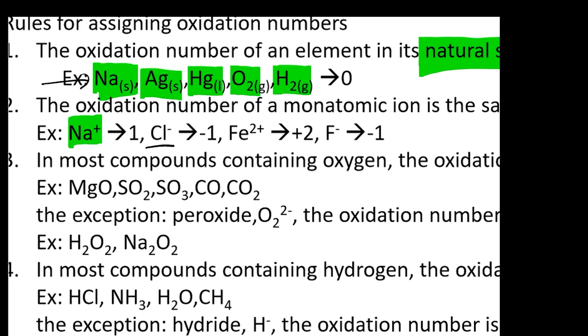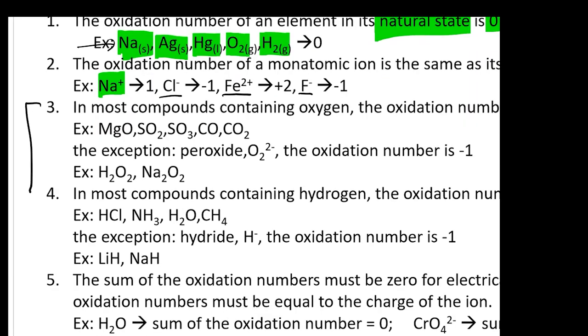Cl−, that means the oxidation number of your chloride is −1. And this is the same: Fe now carries +2, F− carries −1. So if it's just a single atom with a charge on the top right corner, then its oxidation number will be the same as the charge it carries. So that's rule number 2.